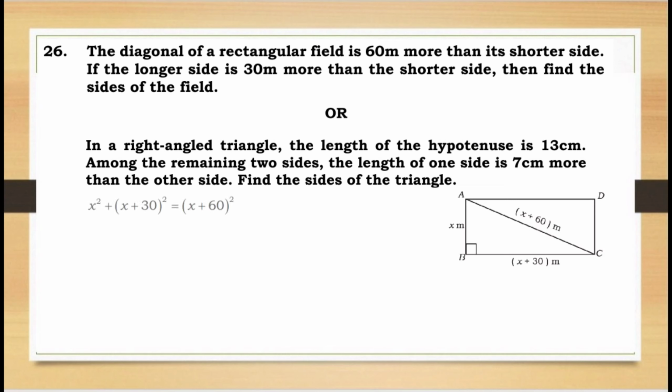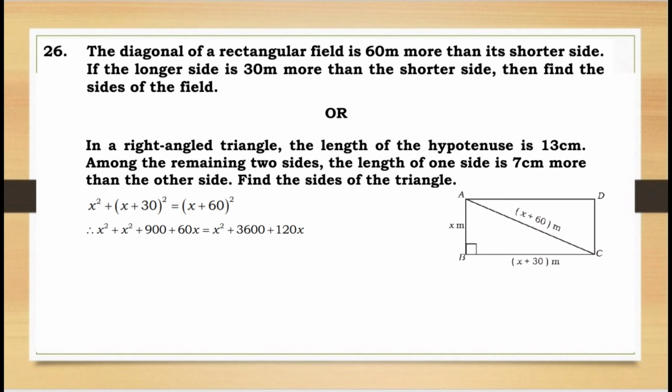Therefore, x square plus x plus 30 whole square equals x plus 60 whole square. After simplification, you will get x square plus 900 plus 60x equals x square plus 3600 plus 120x.